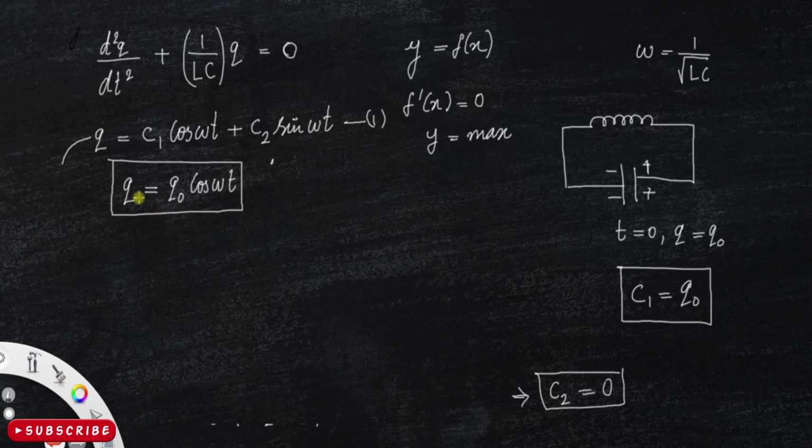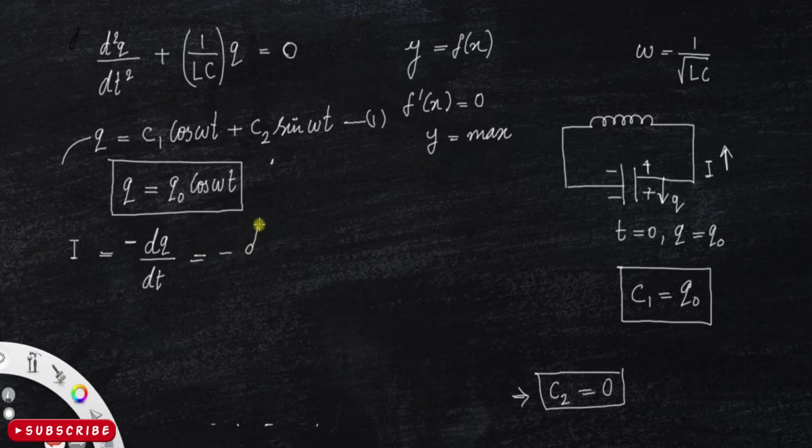So this is the value of charge at any instant in an LC oscillator. Now we have current I equal to dq by dt. Once again, if the charge in the capacitor decreases, current in the circuit increases, because current flows due to a decrease in charge in the capacitor. So I have to put a minus sign.